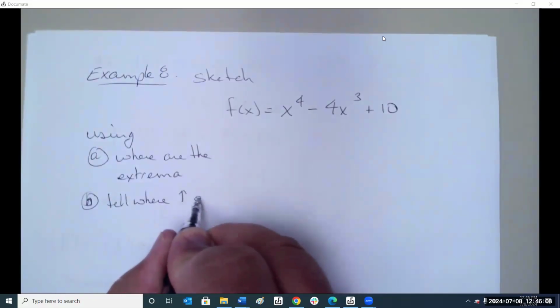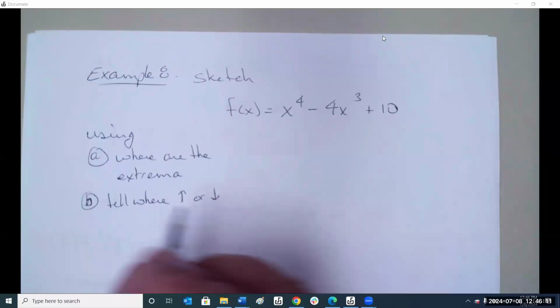Tell where it's increasing and decreasing.